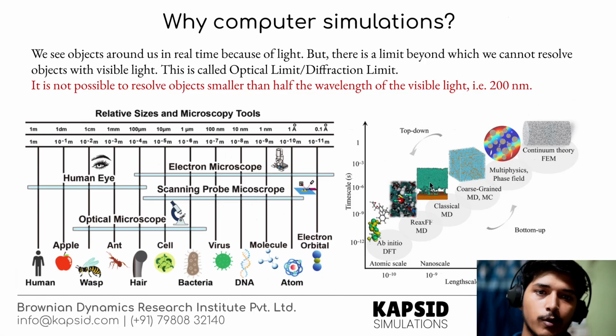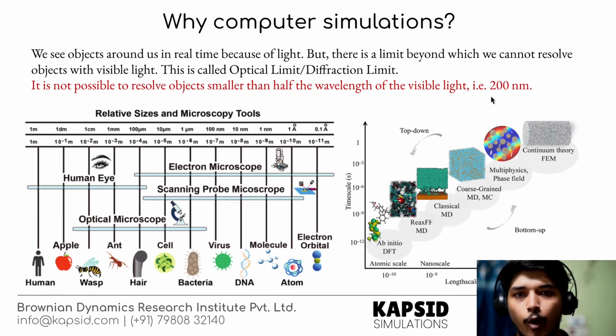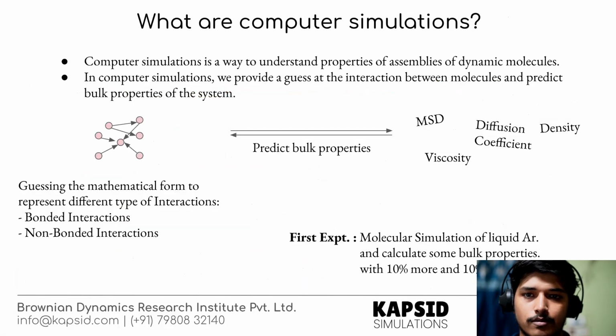Let's say our system size is about 10 nanometers. That's clearly 10 times smaller than the optical or diffraction limit, so we can't see those things inside the cell. That's the problem. So let's start with our topic, which was force fields, or the basics of force fields.